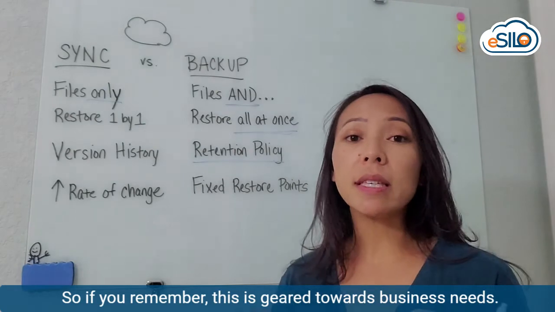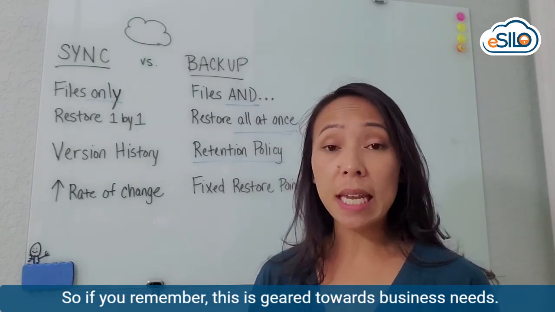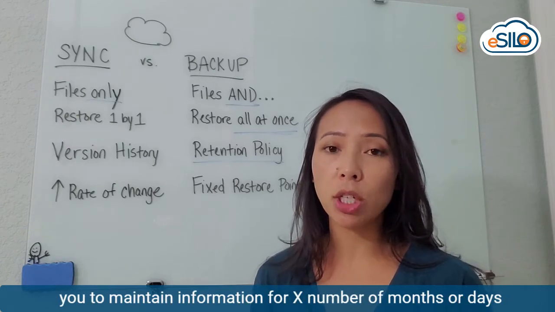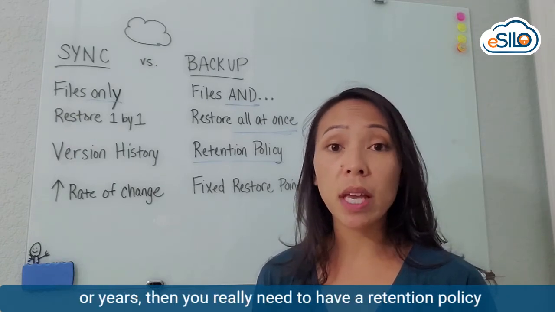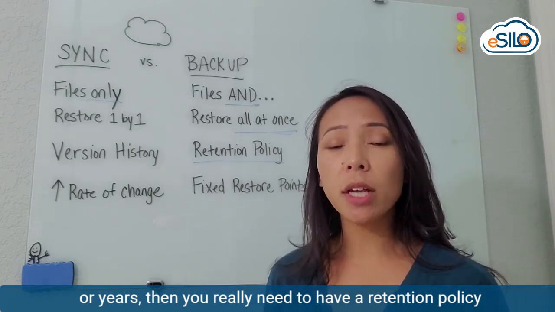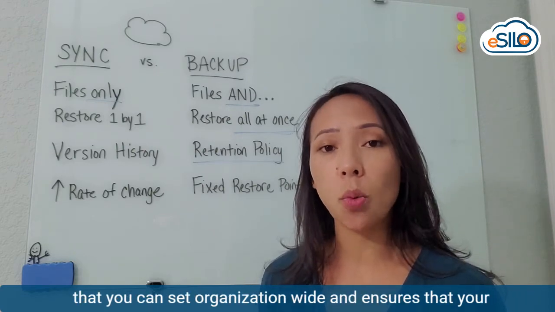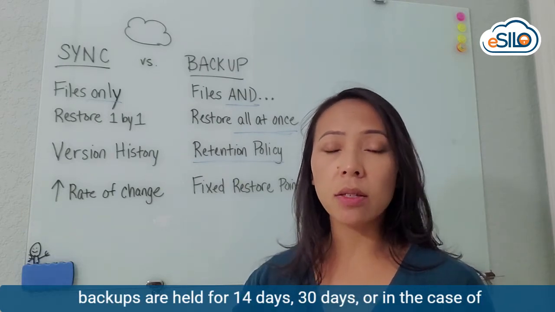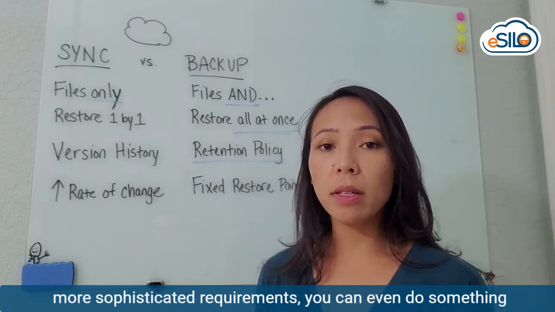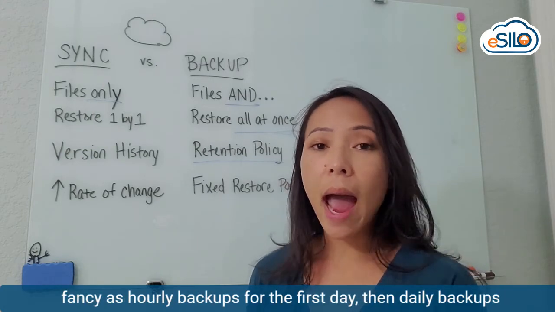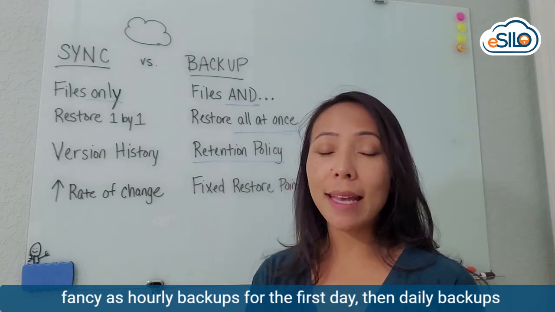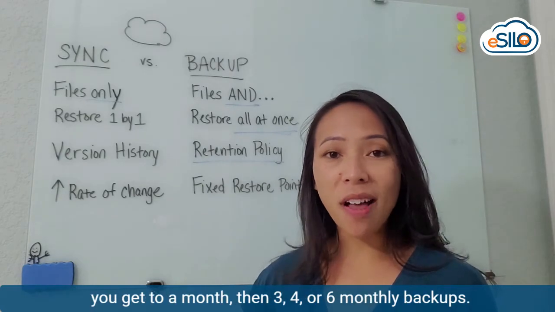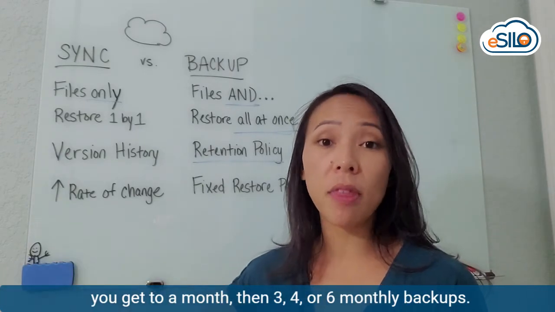So if you remember, this is geared towards business needs. And so if you have a clear compliance requirement that requires you to maintain information for X number of months or days or years, then you really need to have a retention policy that you can set organization-wide and ensures that your backups are held for 14 days, 30 days, or in the case of more sophisticated requirements, you can even do something as fancy as hourly backups for the first day, then daily backups for the next 6 days to round out a week, then weekly backups till you get to a month, then 3, 4, 6 monthly backups.